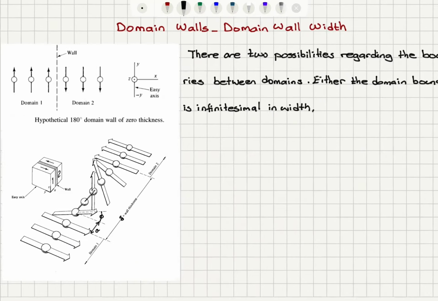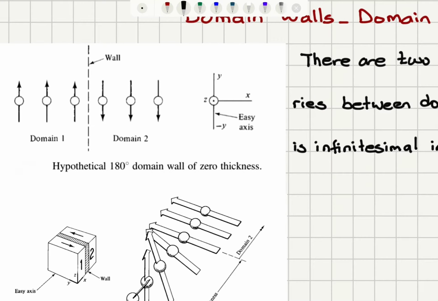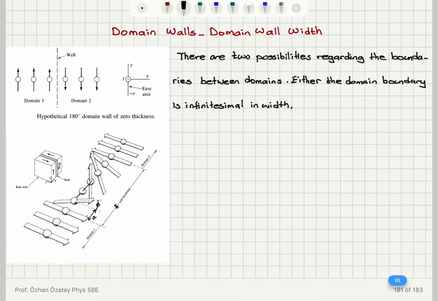So this means that, as you can see here, you have neighboring moments at the boundary belonging to one domain or the other.